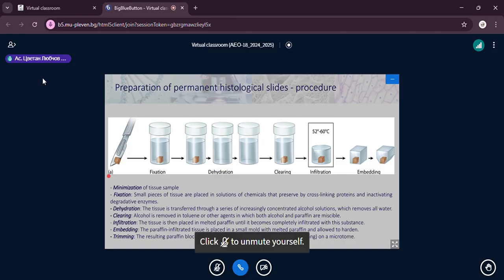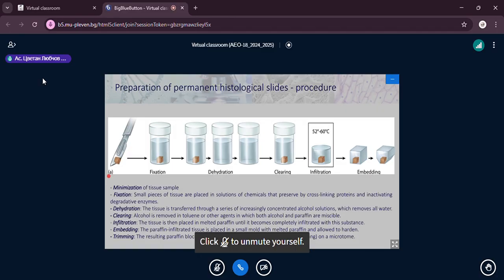Usually you take some small parts of it. So this means that you minimize the amount, because if you have the whole organ, it's going to be difficult to fix it properly. Then following the other steps, and of course also for the cutting, because you don't have such big slides to put the whole organs on. So that's why first of all we do minimization.